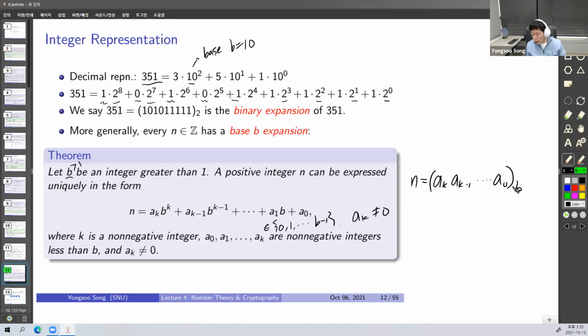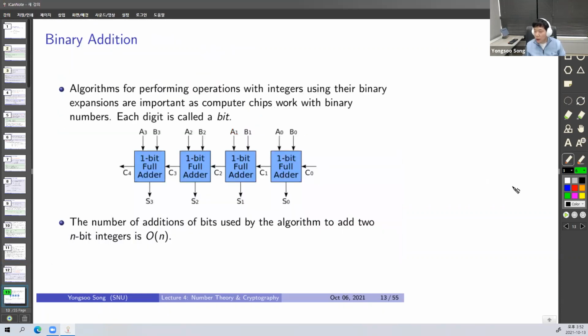So why are we interested in this binary representation or other base representations? The reason is that standard computer systems work on bits rather than decimal digits.